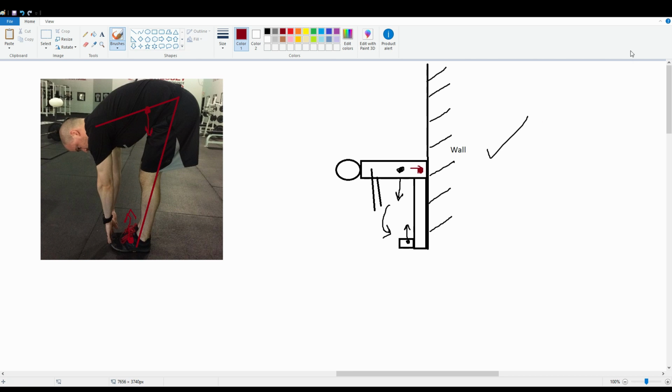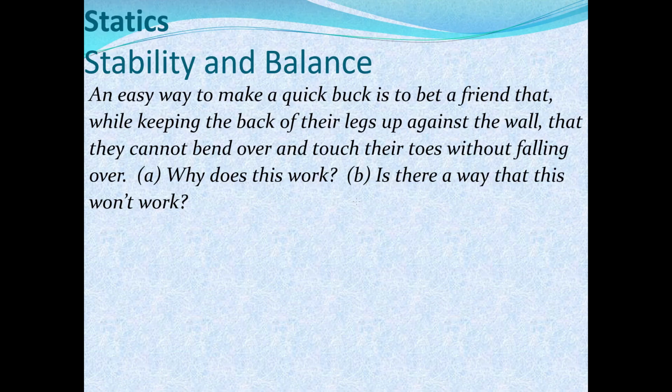So this is probably the only time that you'd get away with this, in this one case of having a very low center of gravity. However, if you have a friend who works out and has definitely skipped leg day, then you'll easily be able to win that bet. All right.